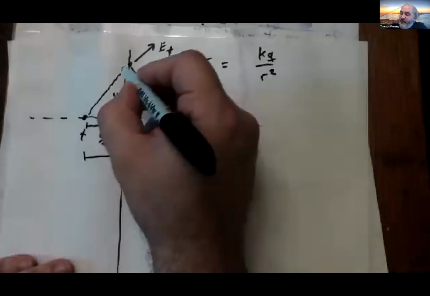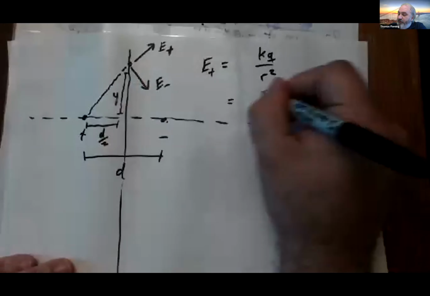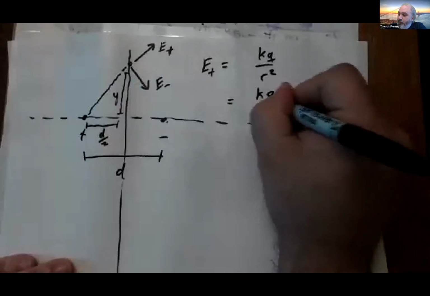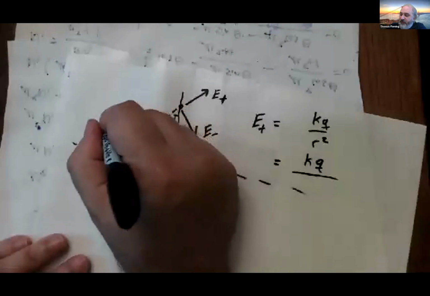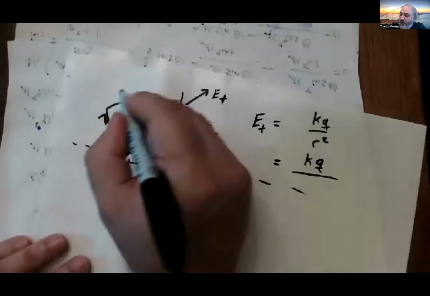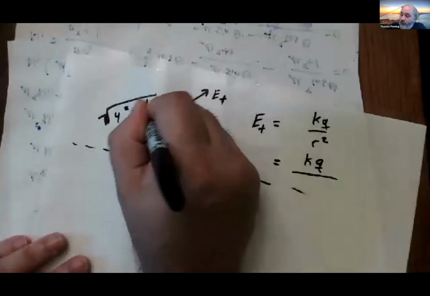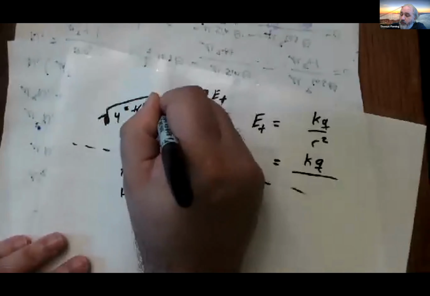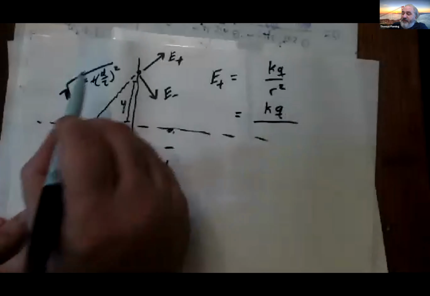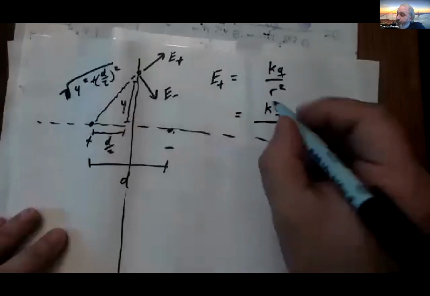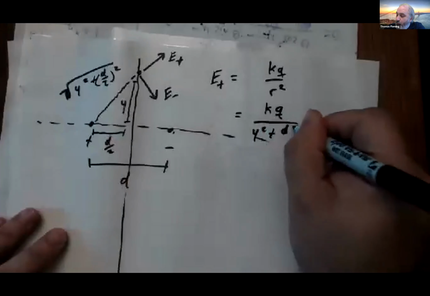So this distance I would get from the Pythagorean theorem. And so I'd have KQ over, and since the Pythagorean theorem says that that distance should be the square root of y squared plus D over 2 squared, and this is R squared, all that's going to happen is I would square away that radical, and I'd have y squared plus D squared over 4.